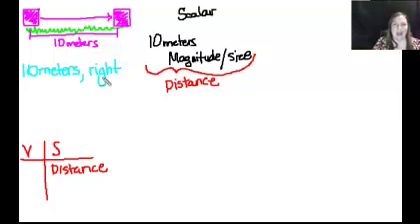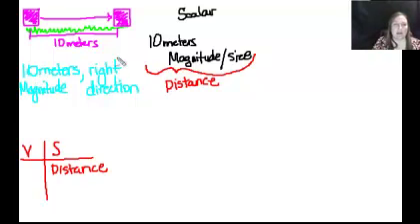Okay, now we have not only a magnitude or size, but we've also been given a direction. So now you know that I moved the box, how much I moved the box, and in which direction.